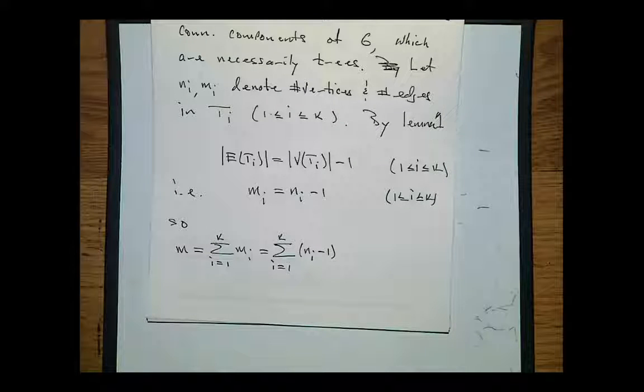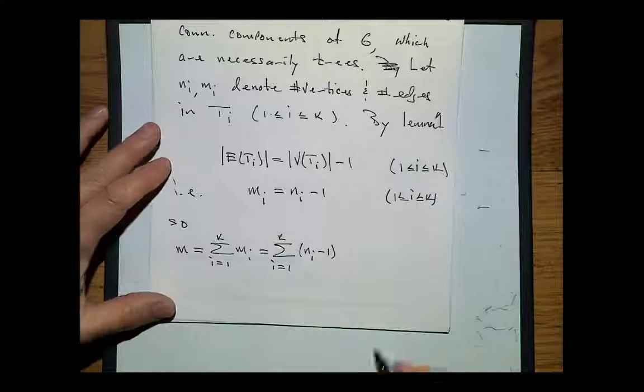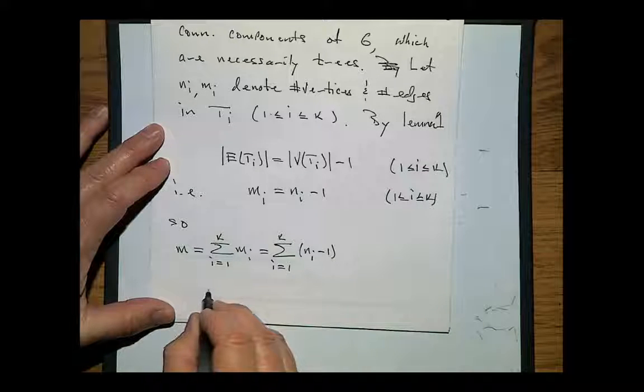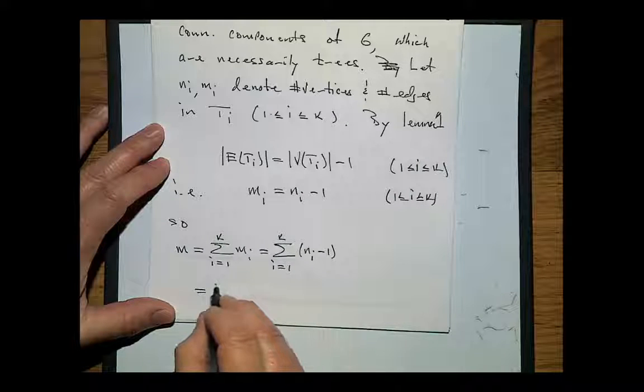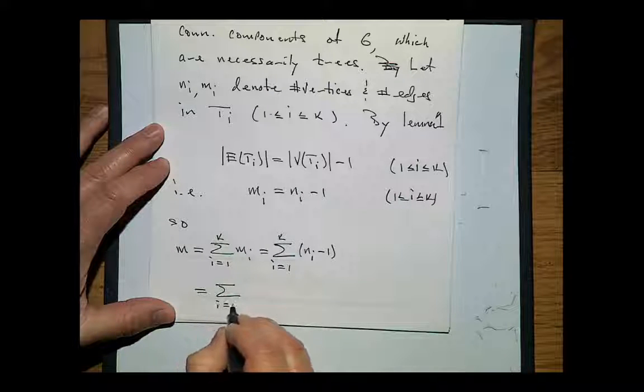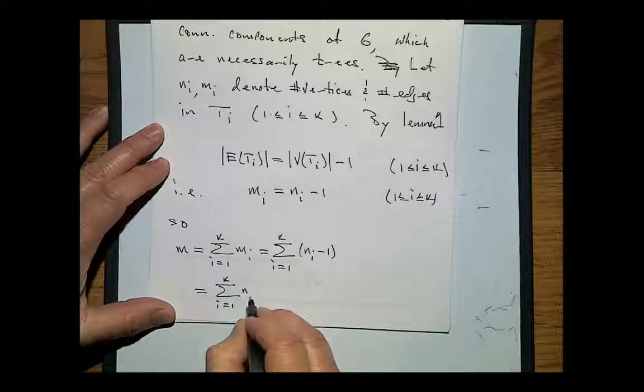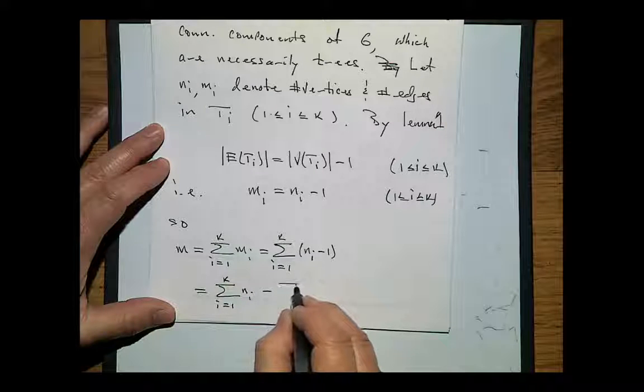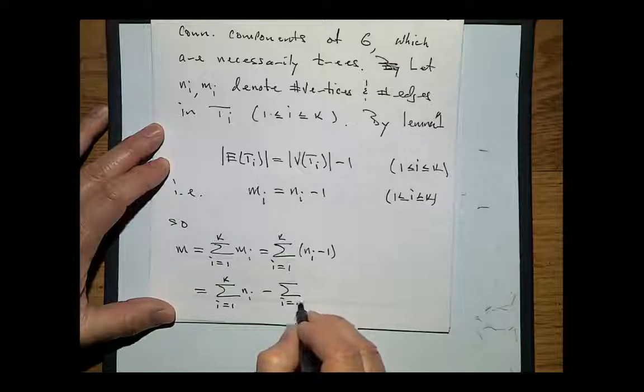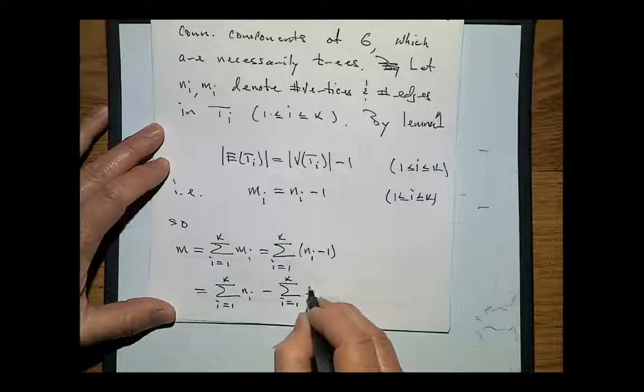Now, what should I do with that sum? Any ideas? It's got two terms in the sum. Split it, yeah, split it. So this is equal to the sum i equals 1 to k of Ni minus the sum i equals 1 to k of 1.